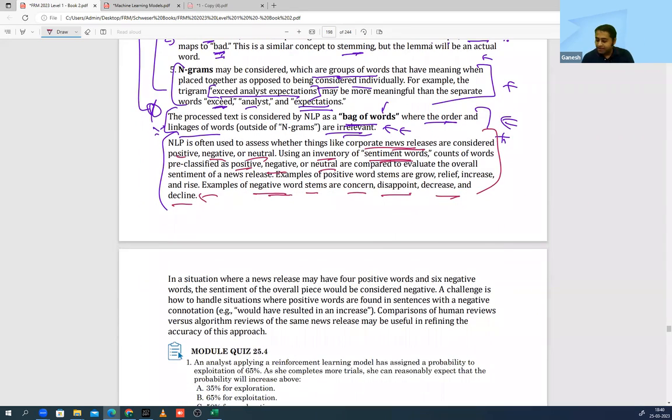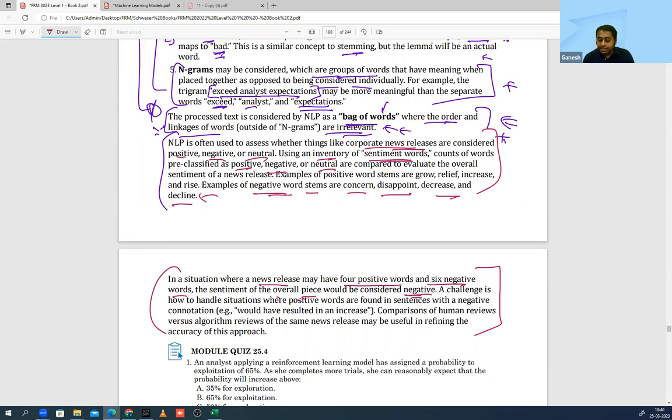Likewise, in a situation where a news release may have 4 positive words and 6 negative words, the sentiment of the overall piece could be established as negative. मतलब एक शीट के अंदर, for example the company information, जो उसने पॉजिटिव वर्ड डिसाइड किया था, नेगेटिव वर्ड डिसाइड किया था, नेगेटिव वर्ड की संख्या ज्यादा है, तो आपने बोला ओवरऑल टोन नेगेटिव है.